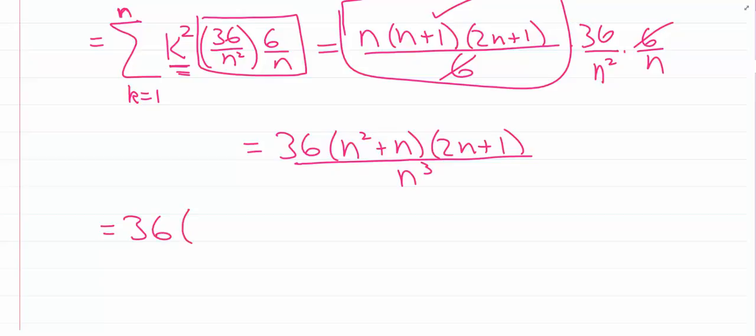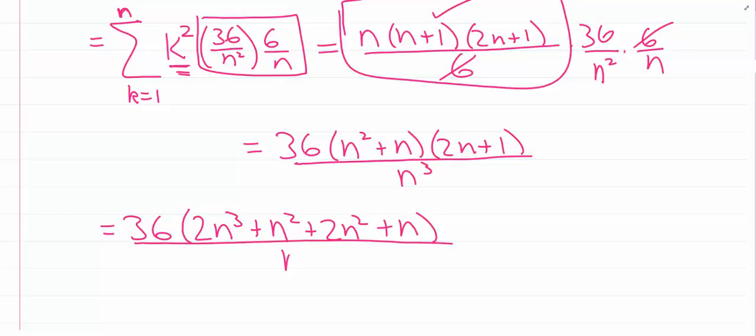So what I'm going to get is 2n cubed plus n squared plus 2n squared plus n, and all that over n cubed. Y'all see what I did there?